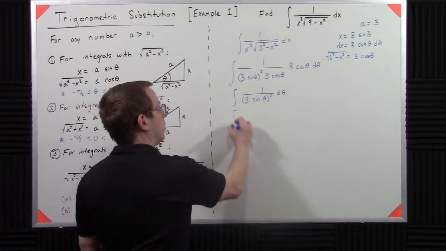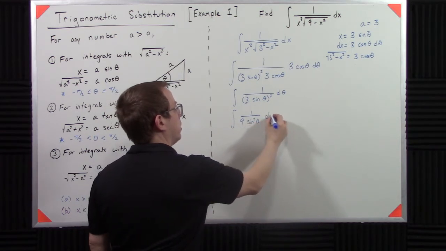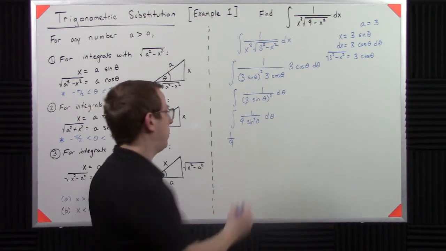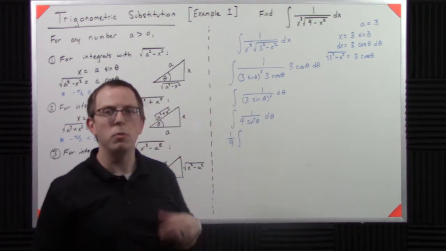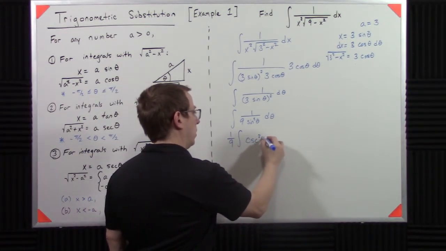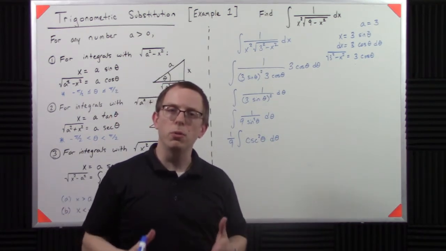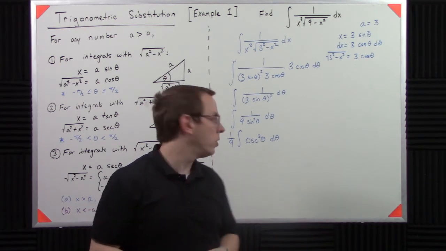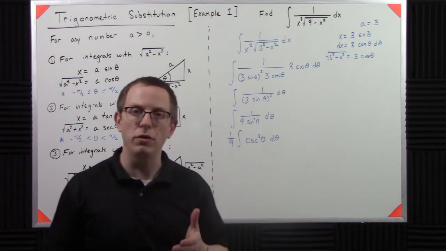So that's 1 over 9 sine squared theta d theta, which I can then write as 1/9 times 1 over sine squared, but 1 over sine squared is cosecant squared theta d theta. So hopefully you remember, but you may not, that the antiderivative of cosecant squared theta is negative cotangent theta.